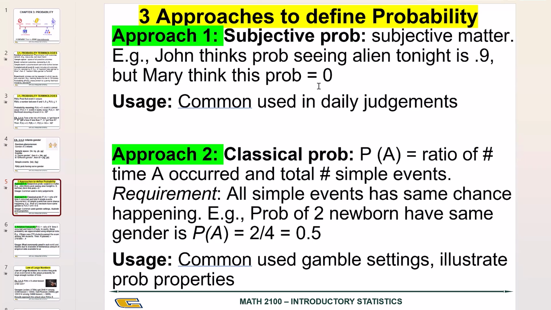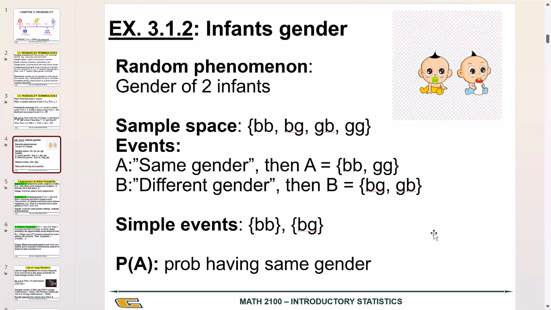So if you look back at the infant gender example, consider A when you have the same gender. So what's the probability you get two babies with the same gender? In order to calculate this probability, you need to find out the size of the sample space here. In this case, the sample space has boy boy, boy girl, girl boy, and girl girl, which gives sample size 4.